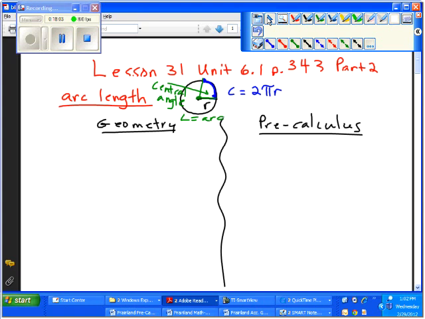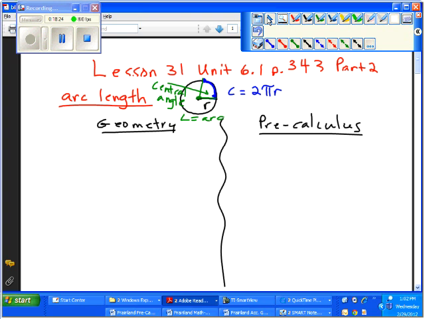You learned all kinds of other stuff. An angle formed by a secant and a tangent to a circle from a point outside a circle is equal to 1/2 the difference in the intercepted arcs. Or an angle formed by 2 chords in a circle is 1/2 of the sum of the intercepted arcs. There's a bunch of stuff about that in geometry. But anyway, here our arc is equal to our angle.